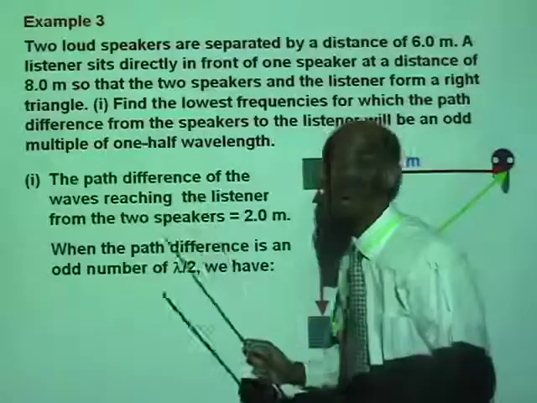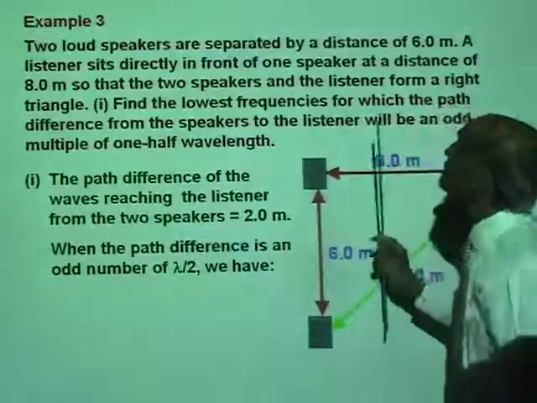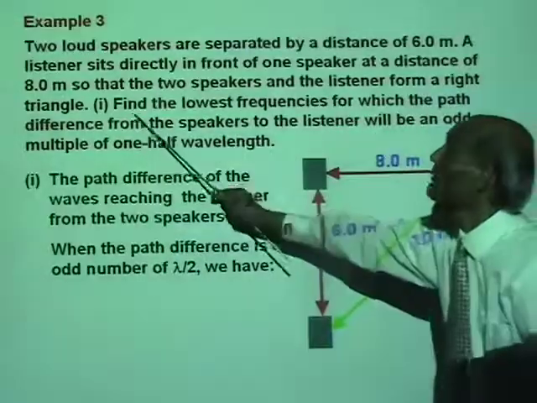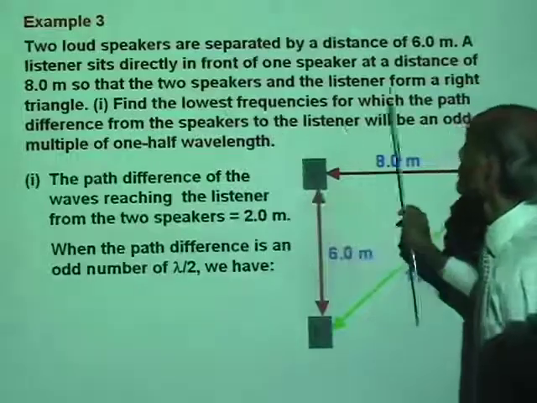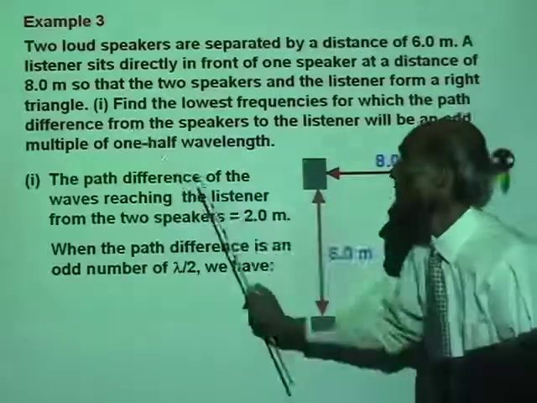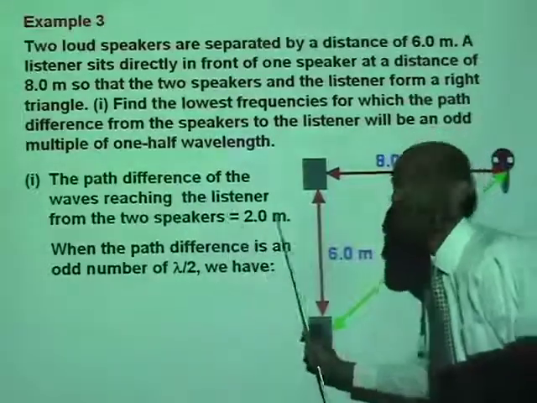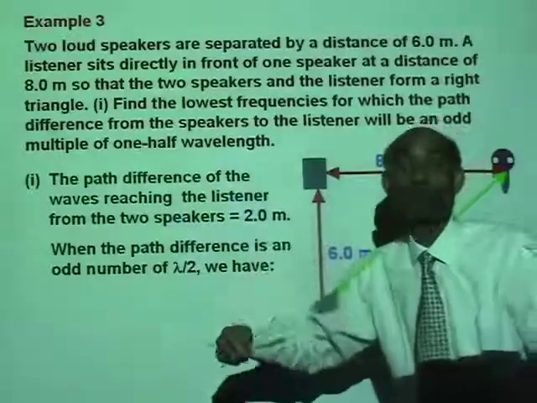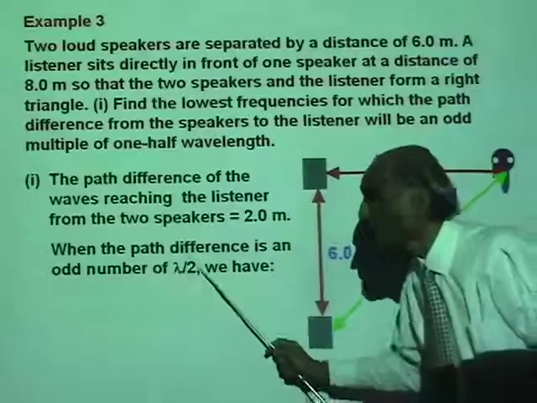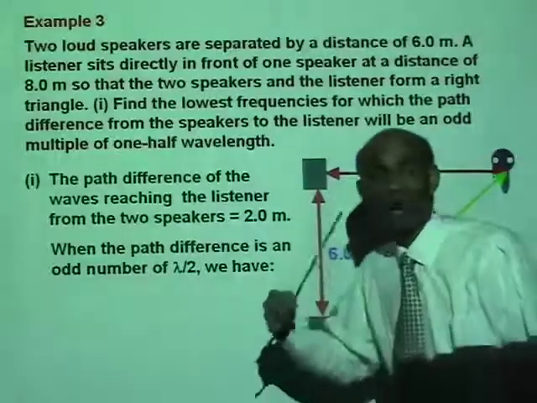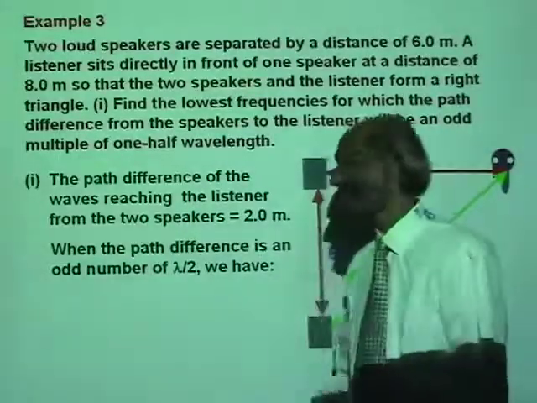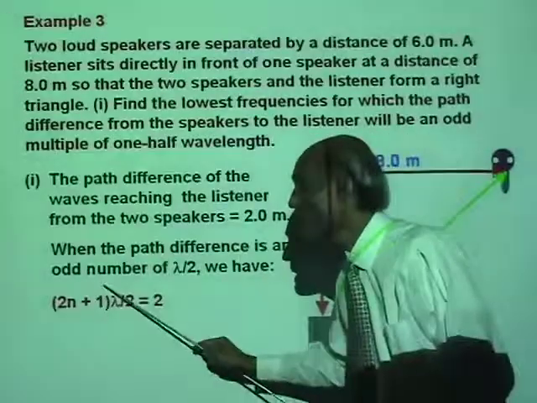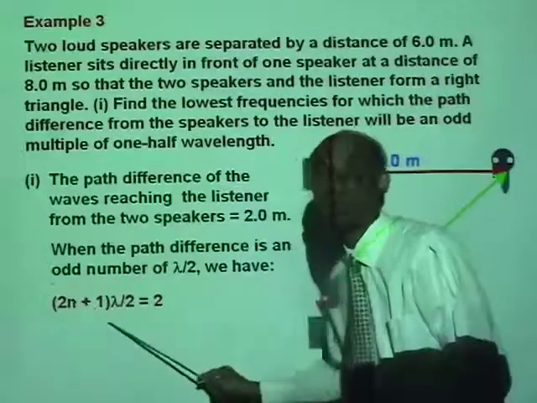Now, we are told that we need to find the condition. What are we supposed to find? Find the lowest frequencies for which the path difference, this path difference, which is 2 meters, will be an odd multiple of half a wavelength. Now, how do you write an odd multiple of half a wavelength? 2n plus 1 times lambda by 2.